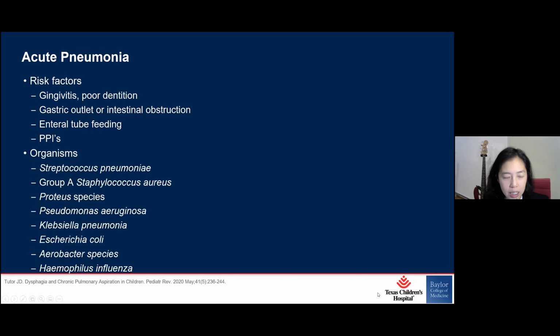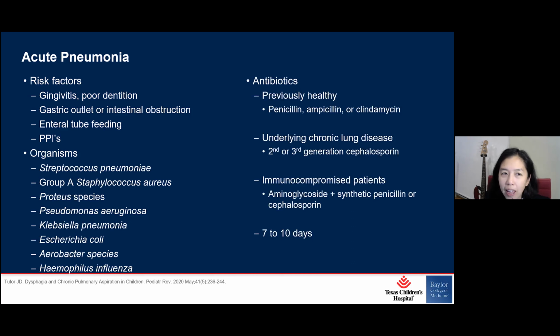The organisms that can cause an acute pneumonia do vary. Some of this depends on whether this is an acute community-acquired or chronic, or whether there is vomiting involved in the etiology of the aspiration pneumonia. And what I've been asked to talk about is chronic aspiration.